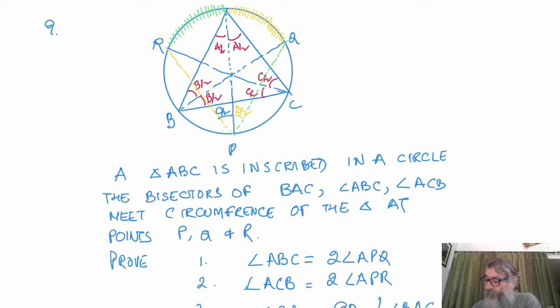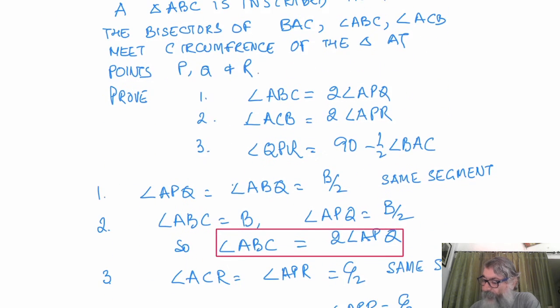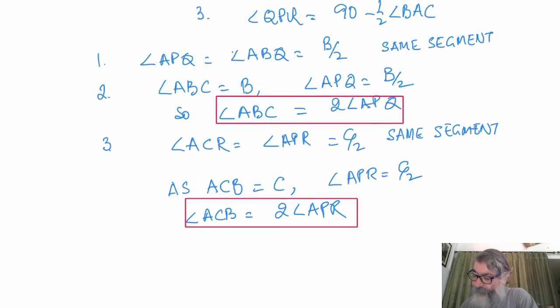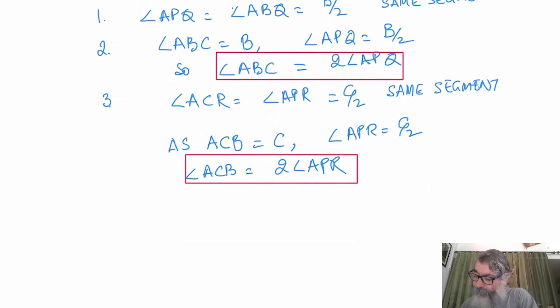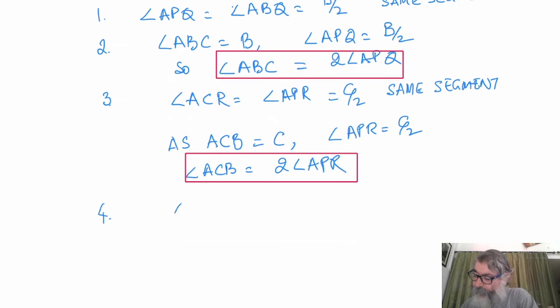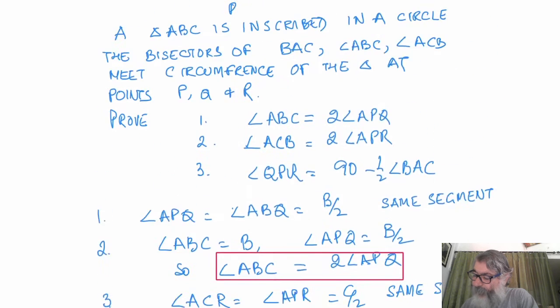Now let me see what is QPR. Angle QPR is actually the sum of two angles, B by 2 plus C by 2.